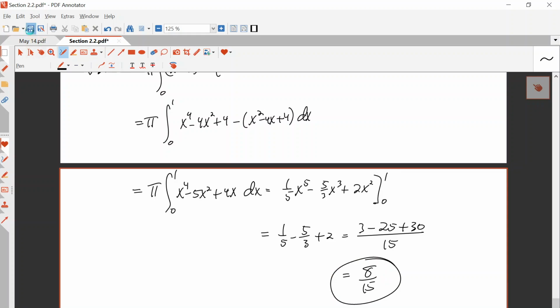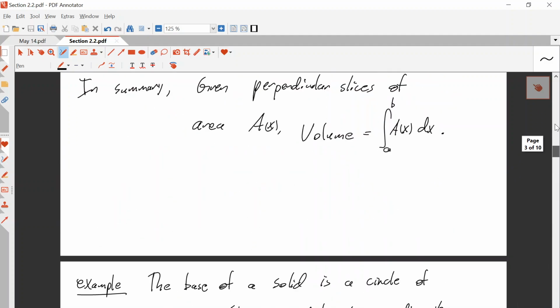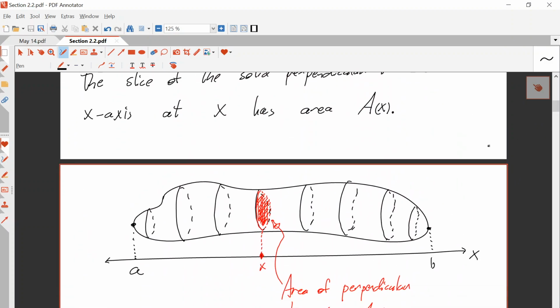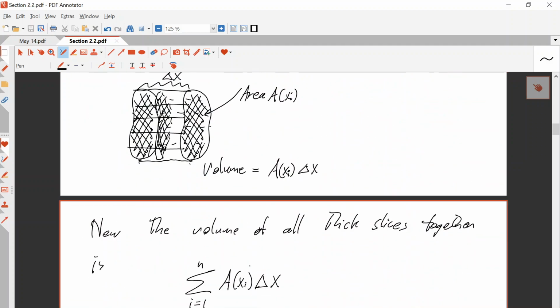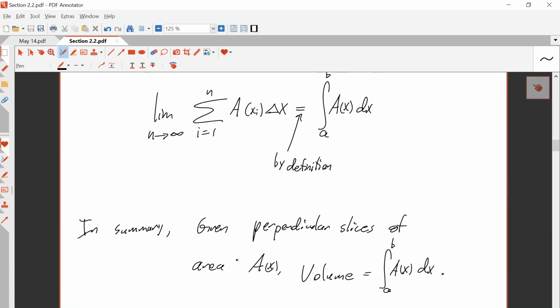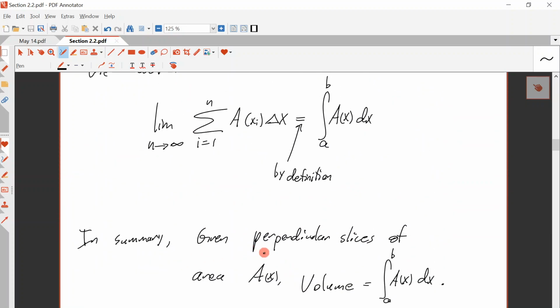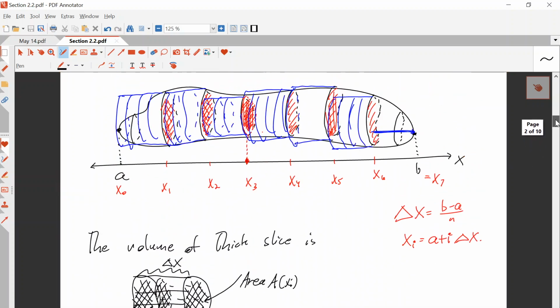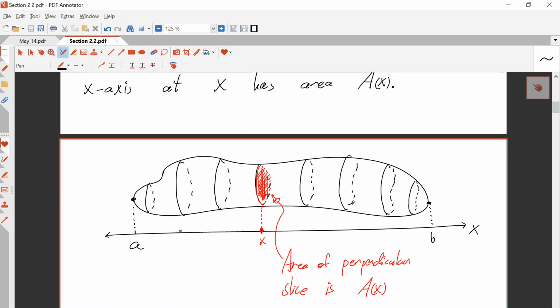Okay, so we've got several techniques for calculating volumes of solids by these perpendicular slices. We've gone through several examples, and all of them amount to the same thing. You've got your solid lined up along the x-axis, or a t-axis, or whatever have you, from a to b.